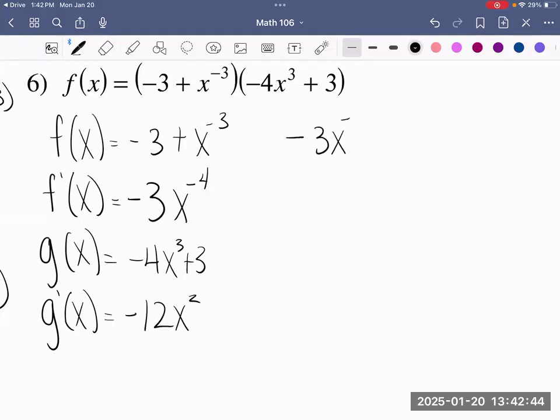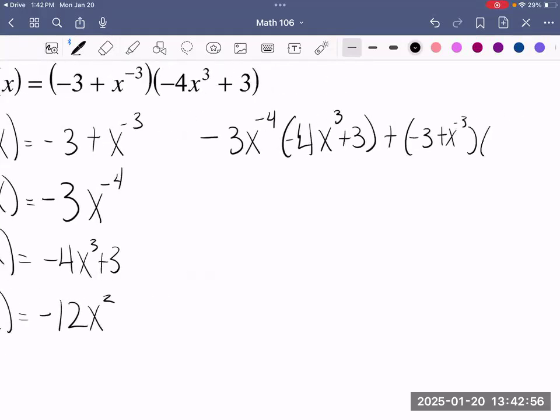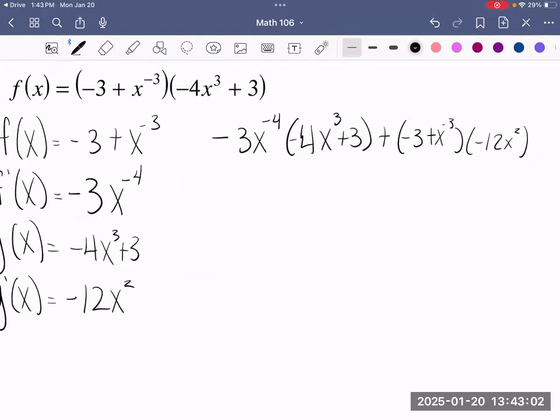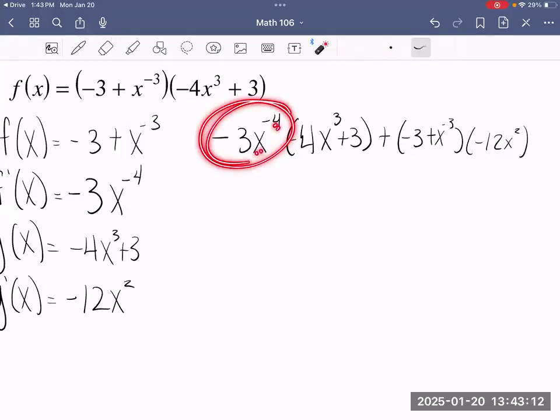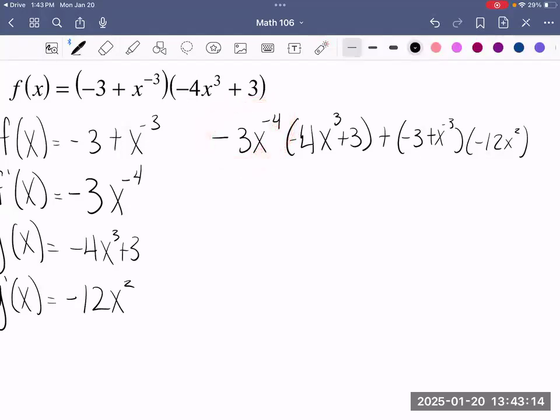Negative 3x to the negative 4 times negative 4x cubed plus 3 plus our f of x times your g prime of x. Okay. So now let's go ahead and bring some of our pieces together. Now notice that this x to the negative 4th could be rewritten so that we have negative 3.